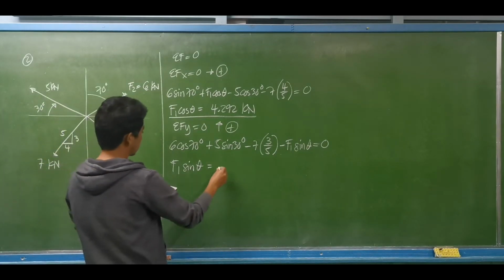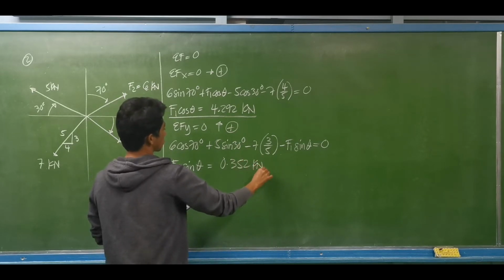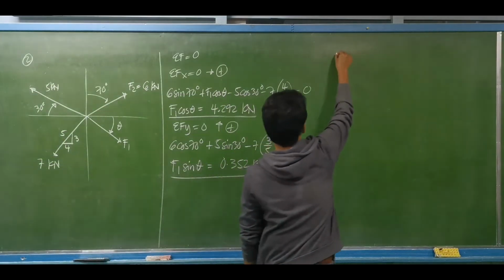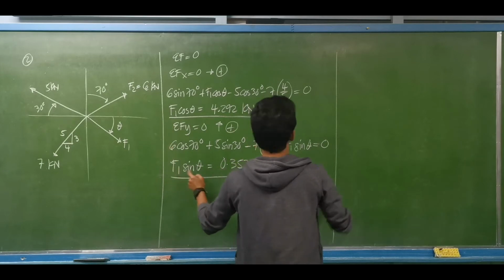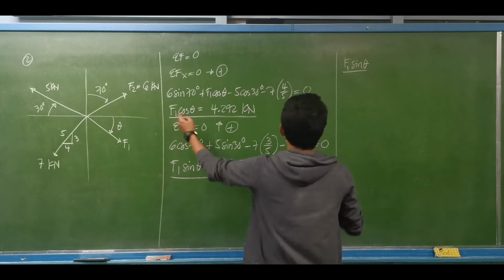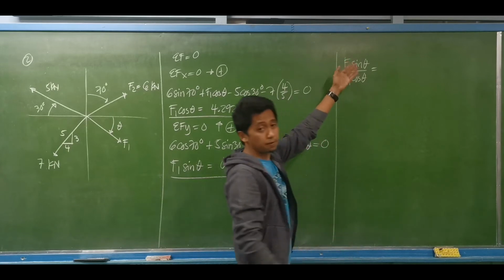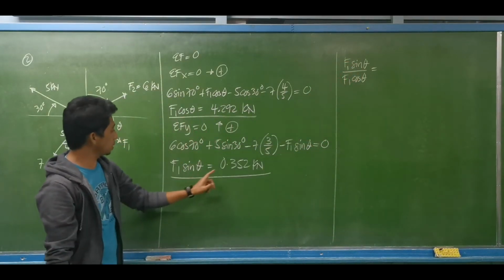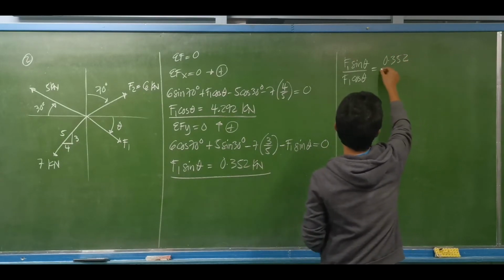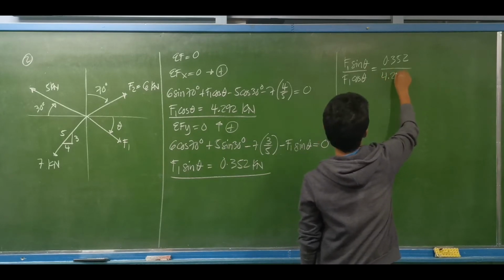theta equal to 0. So let's have the equivalent of force number 1 sine of theta, we have 0.352 kilonewtons. So how do we compute for F1 and the value of the angle theta? We have the ratio of F1 sine theta divided by F1 cosine theta. F1 sine theta is equal to 0.352, divided by F1 cosine theta, which is 4.292.